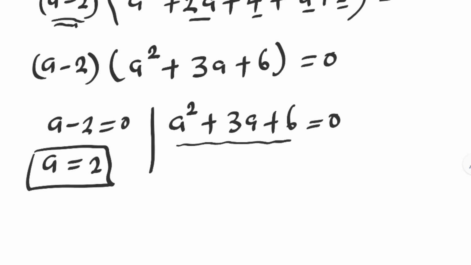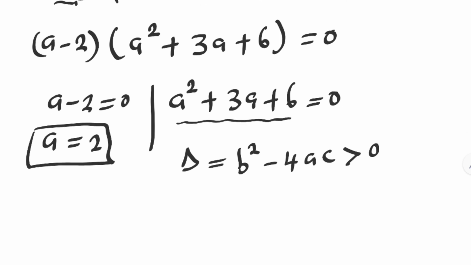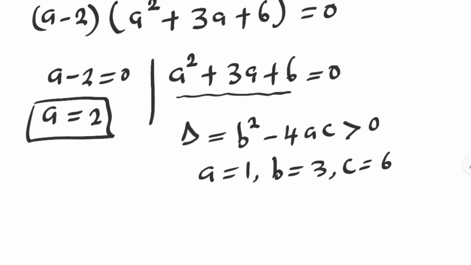And in order to get the real value here, discriminant d is equal to b squared minus 4ac must be greater than 0. So from this equation, a is equal to 1, b is equal to 3, and c is equal to 6.